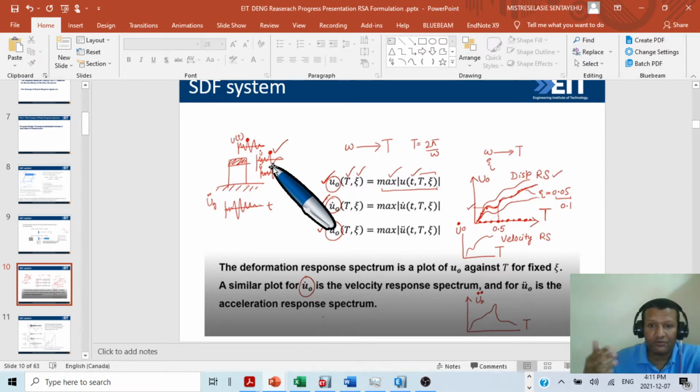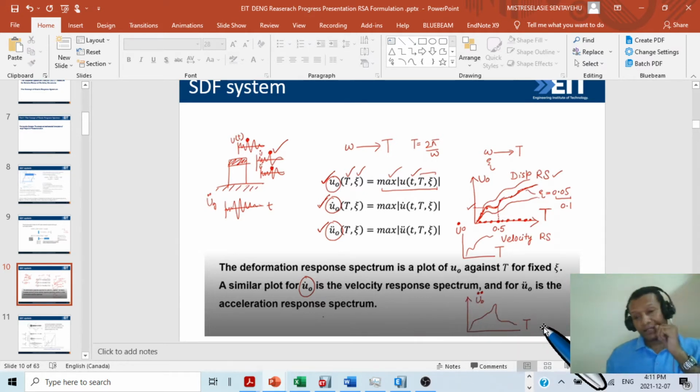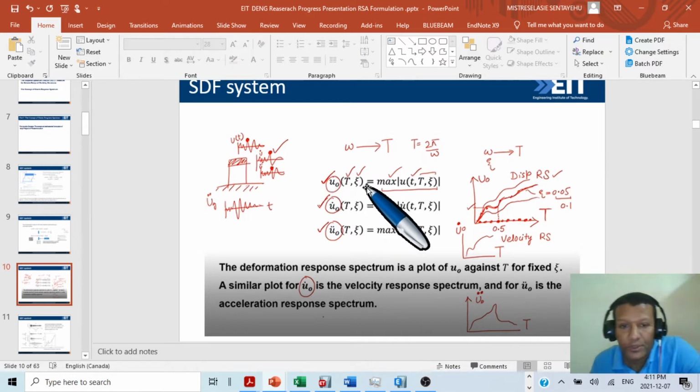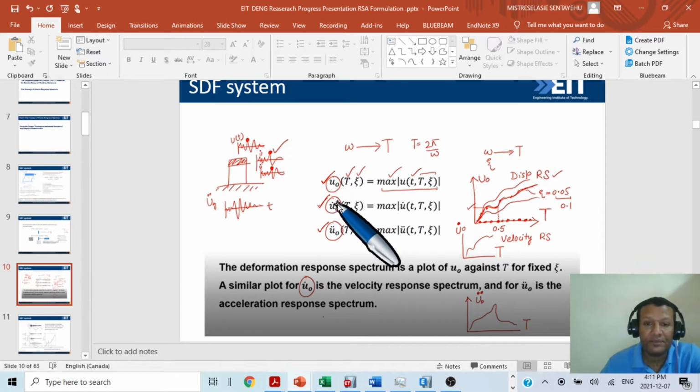For example, 0.5 seconds, 1 second, 1.5 to 3 seconds, and we will run this for different time periods, take the maximum of our response, and construct the plot with our displacement in the y direction and our time period in the x direction. That gives us our displacement response spectrum, and we will see in a minute that we can also convert it into the pseudo velocity response spectrum and pseudo acceleration response spectrum.